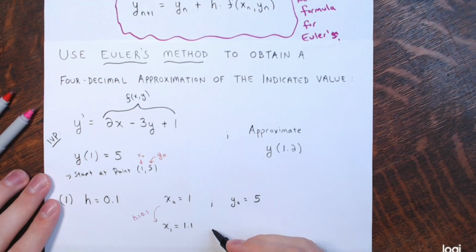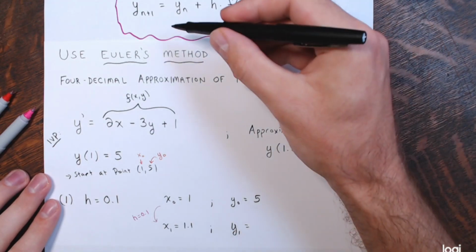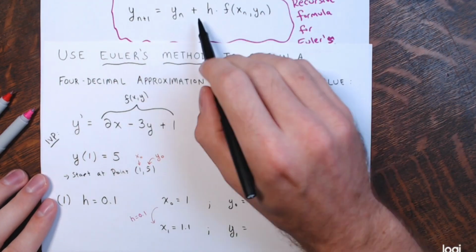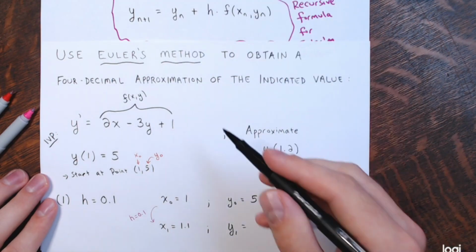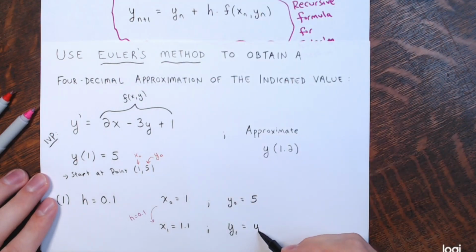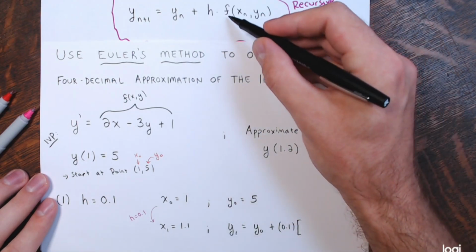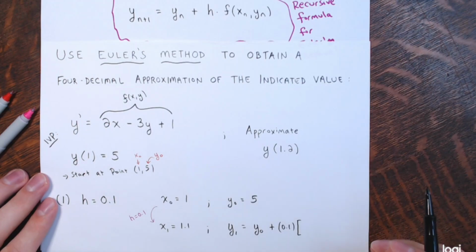Then we need to find y1 using our recursive formula. So y1 would be y0 plus h, which is 0.1, times f of x0, y0.